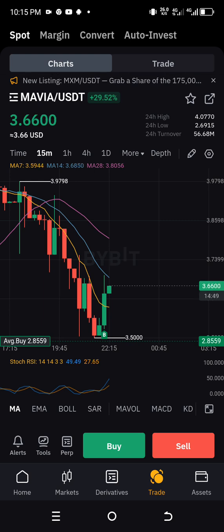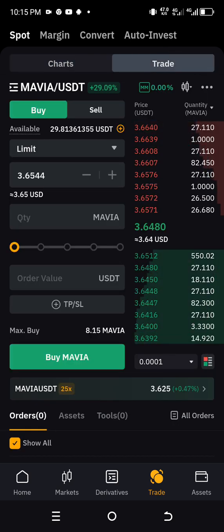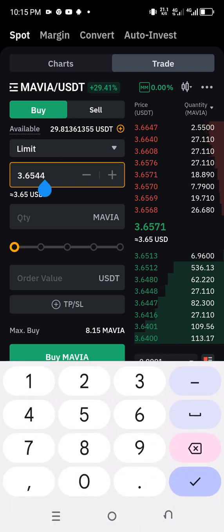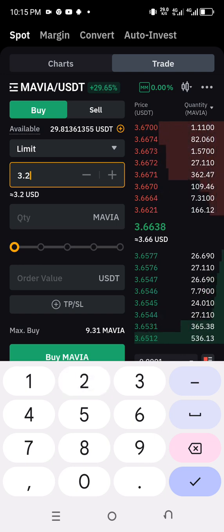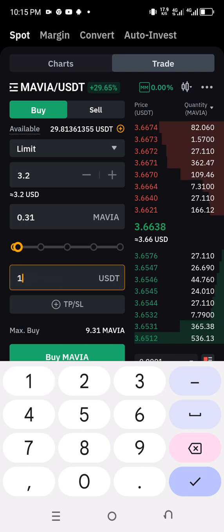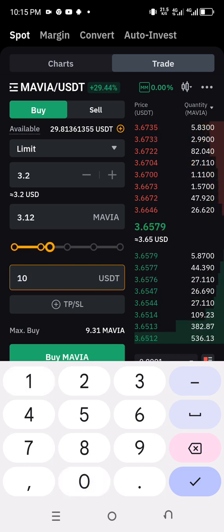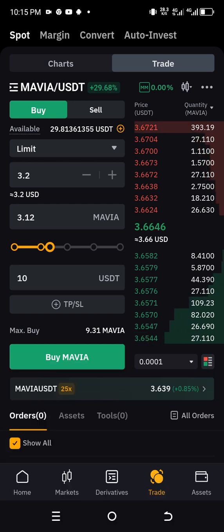All you need to do is go back and click on buy. Come down to this place and change this trading volume to 3.2, and come here to buy again. Put the volume of USDT you want to buy, place your trade at this point again, which is going to be 3.2, use 10.